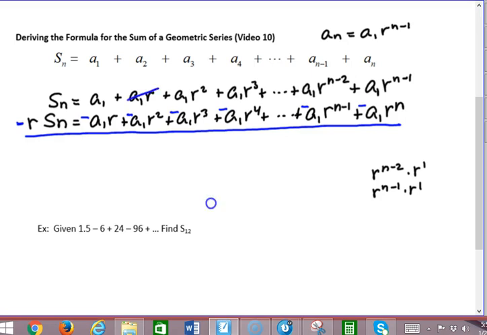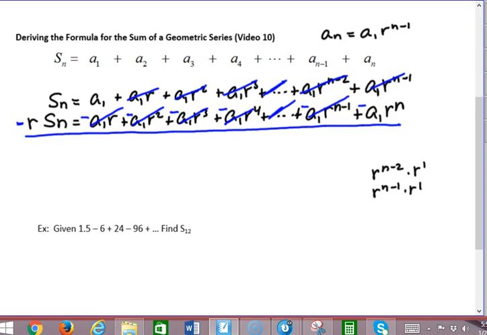So these terms subtract, these terms subtract, these terms subtract, these terms subtract. And the a sub 1 r to the fourth is going to subtract from whatever's up here next to the next term here. And this one's going to subtract with the previous one down here. So everything's going to end up subtracting out except the very first term and the very last term.